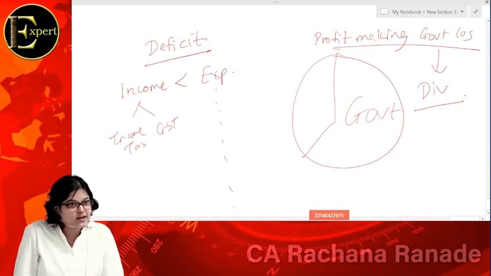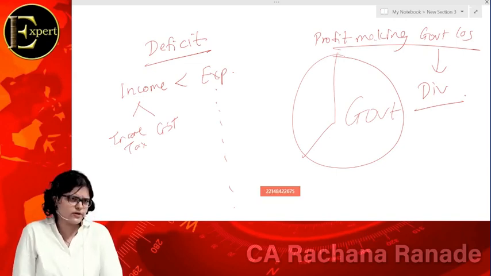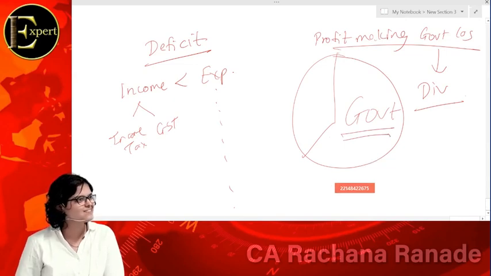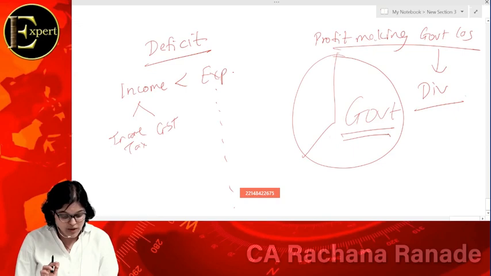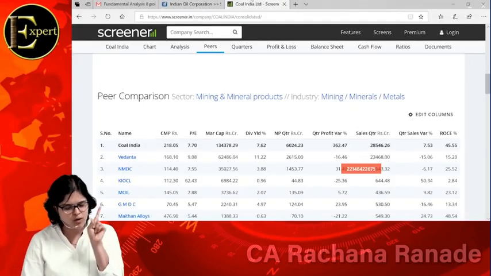Whatever dividend is declared, dividend goes to whom? Shareholders, correct. And who is the major shareholder? Fantastic. So always remember, that is why the dividend yield of these companies is very good. Always it will be good.